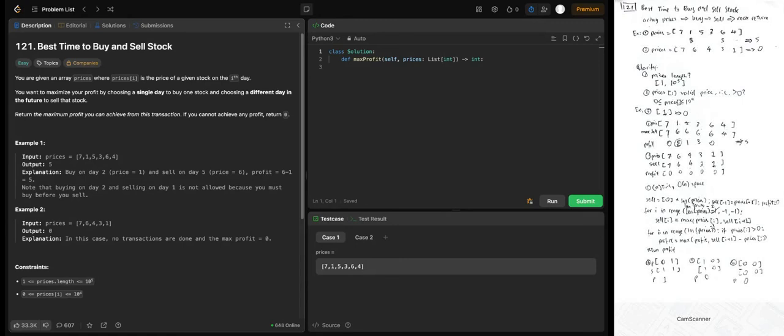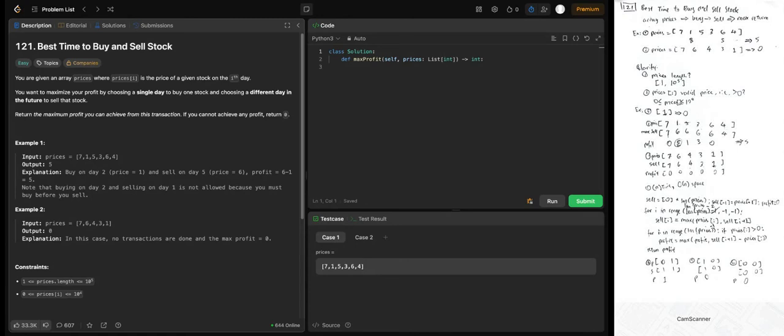Okay, so I need to set the last element. So sell[-1] equals prices[-1], because if we have only one day left, then we have to sell it on that day. Otherwise, there is no other time in the future to sell.